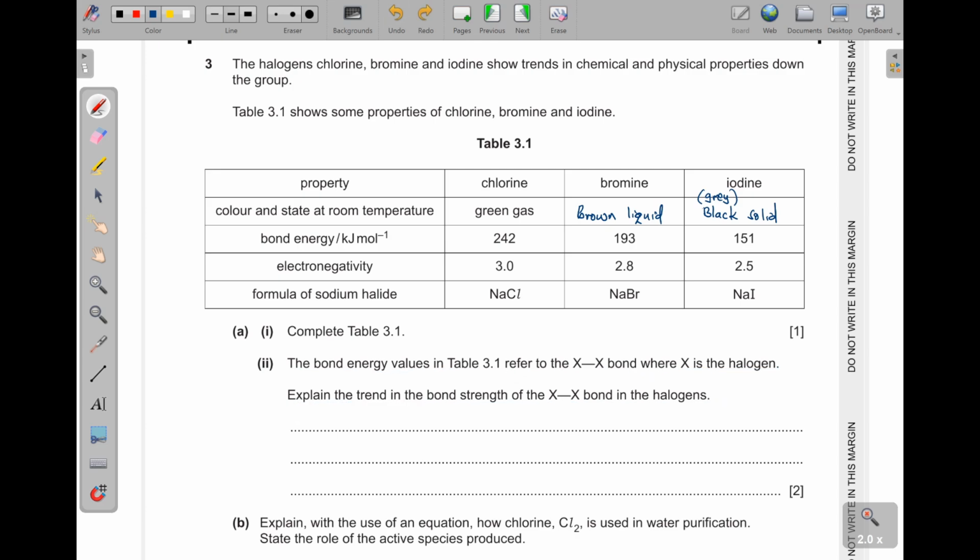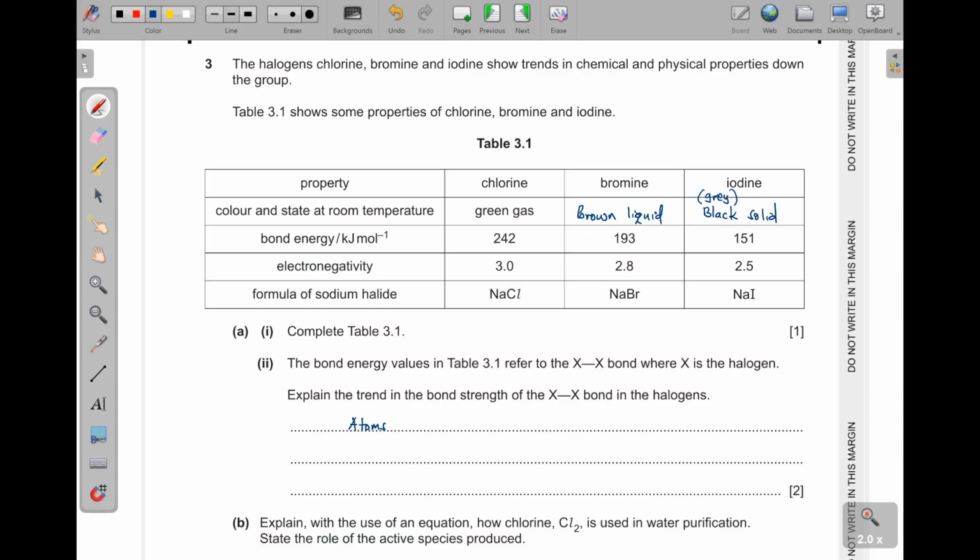So the bond strength, I think, keeps on decreasing because the bond energy here is decreasing. The stronger the bond, the higher the energy you need to break it. Now, we can see that as you go down the group, atoms become larger.